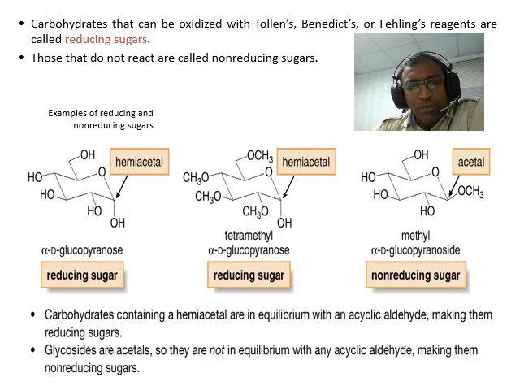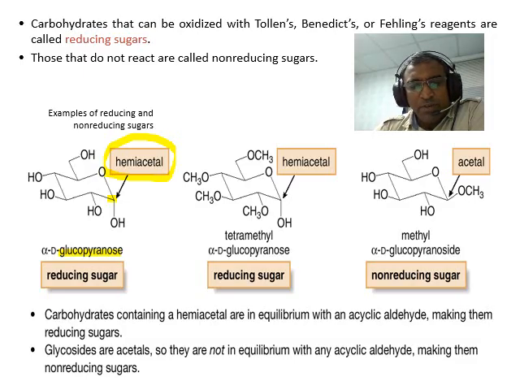So you have to realize that the possibility of a reducing sugar only comes about if there is a hemiacetal. So this glucopyranose is a reducing sugar because this carbon, which is the anomeric carbon, can mutarotate to a carbonyl group and therefore react as a reducing sugar.